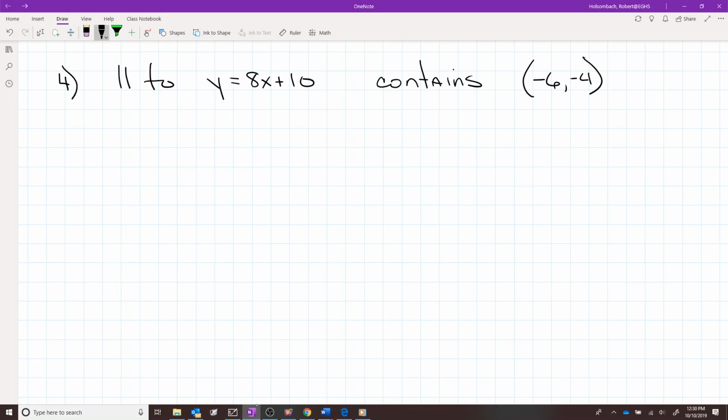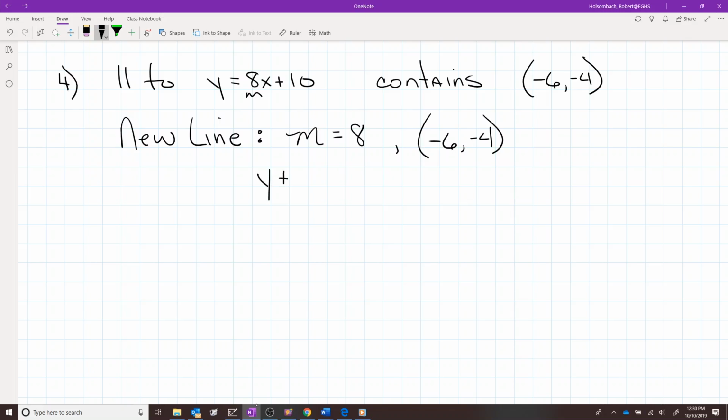If the lines are parallel, the slope is going to be the same. So for your new line, your slope is going to be equal to 8. The point on the line is negative 6, negative 4. So with a point and a slope, you can write it in point slope form. So y plus 4 will be equal to 8 times x plus 6.